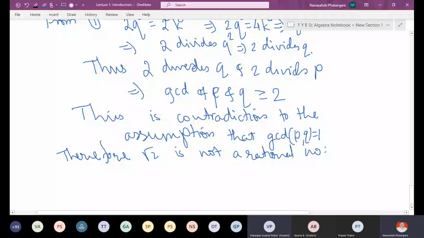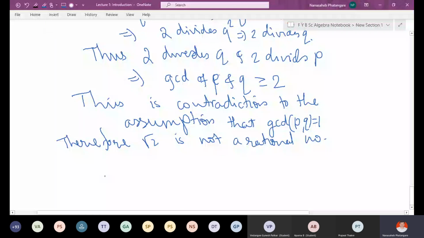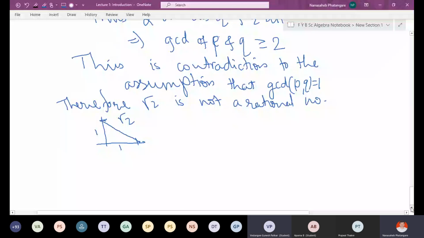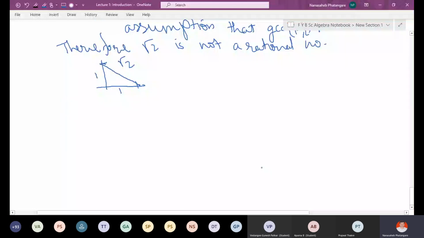But what is the hypotenuse of this right angle triangle whose sides are 1? The hypotenuse is root 2, and it is not available in our number system. So people thought that we should improve our number system. There are many such numbers which are not there in the rationals, and the new numbers are called the complement of rationals, or irrational numbers.